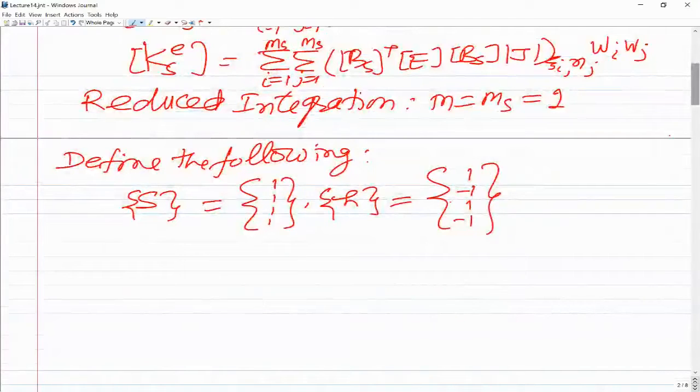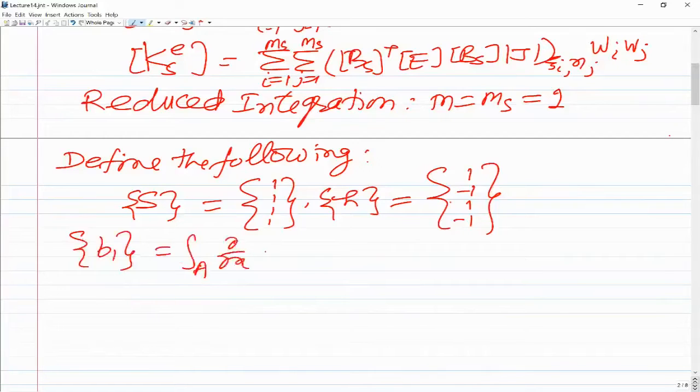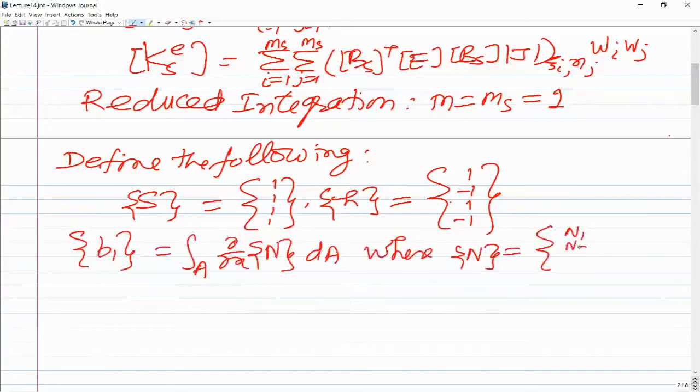And in addition to this, for the calculation of the B and Bs matrices, we need the derivatives of the shape functions. So we define the vector b1 as the integration over the area of the element of del by del x of the vector N, where this vector N is the shape functions N1, N2, N3 and N4.